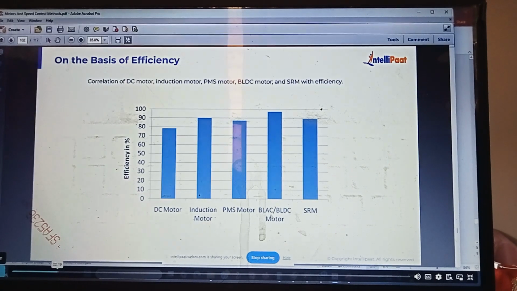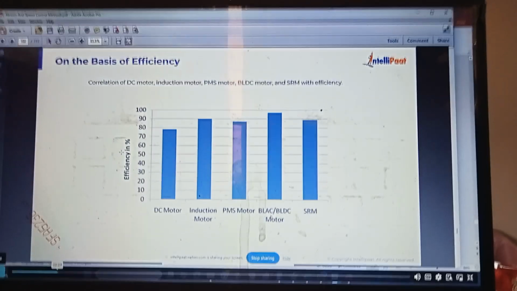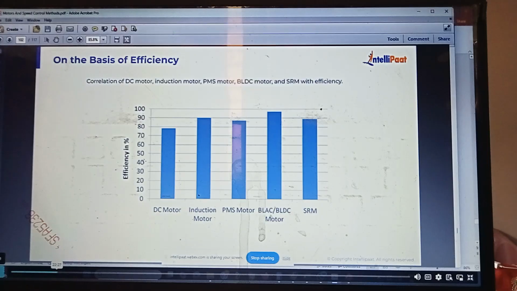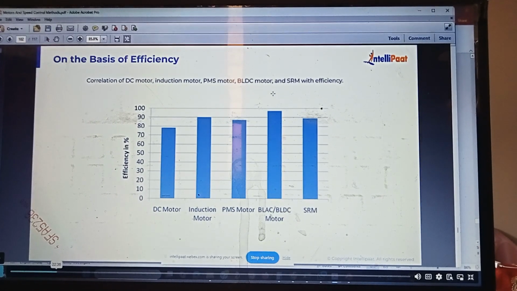Then talk about efficiency. Higher efficiency means lesser loss, right? Lesser loss means you can have lesser cooling requirement, generally lesser volume. So higher efficiency also signifies that you will have better electric range.